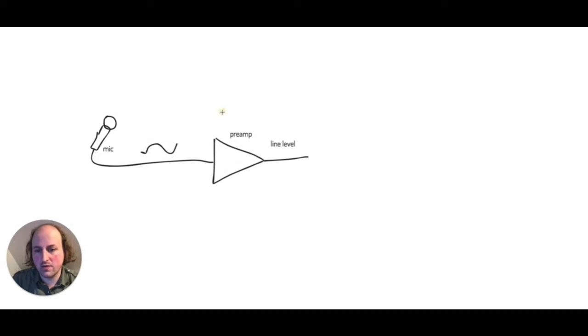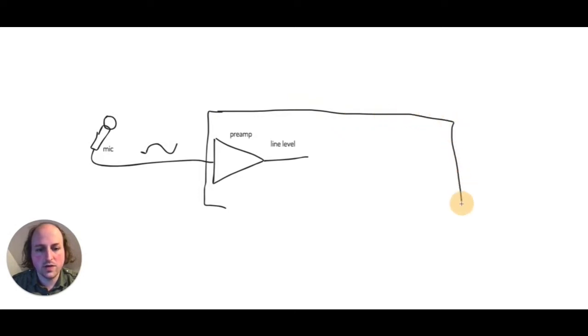So if we box this off for a second and say, all right, we connect our microphone into our interface, and then inside of our interface there's a preamp that gets it to line level, and there's also a converter.